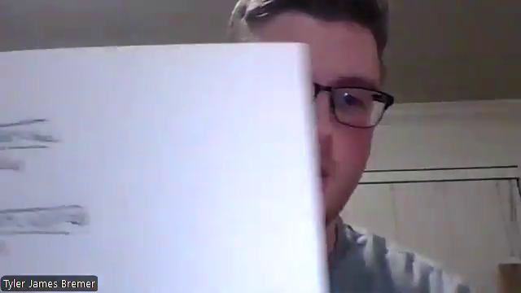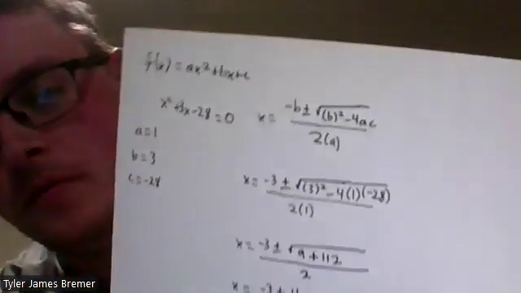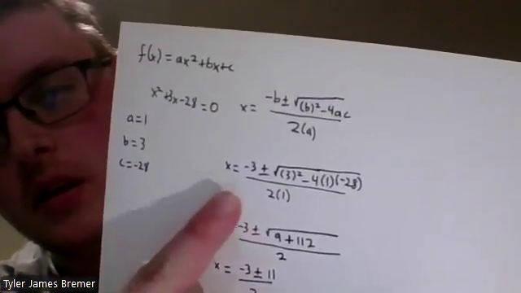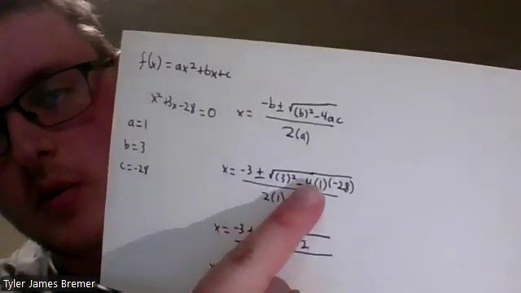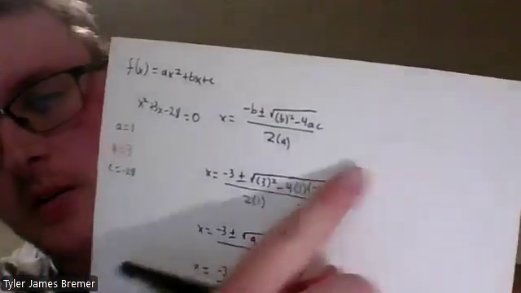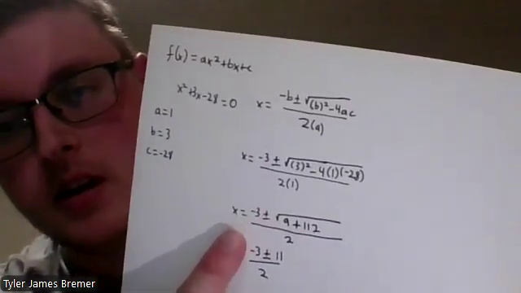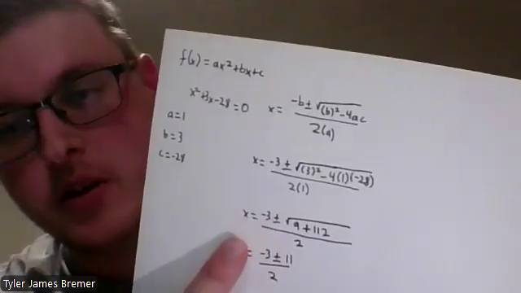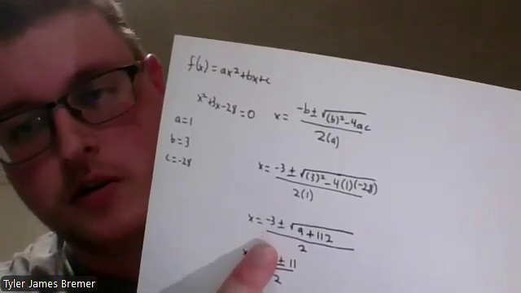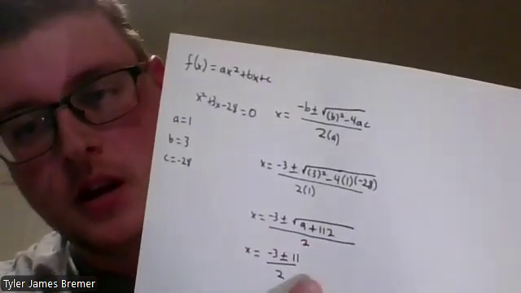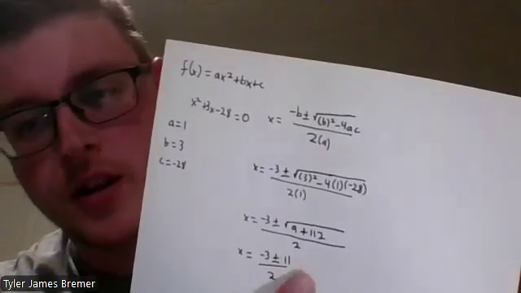all over 2. Here are the steps of how I got there. That's the original equation, all the numbers plugged in, and then you solve that out, and you get the 9 and 112 in the middle right there, and that's the end solution.